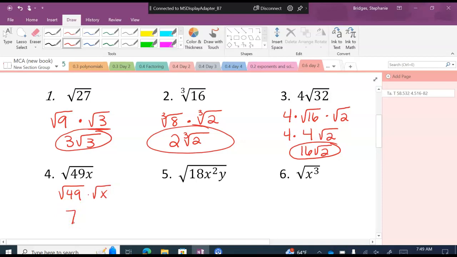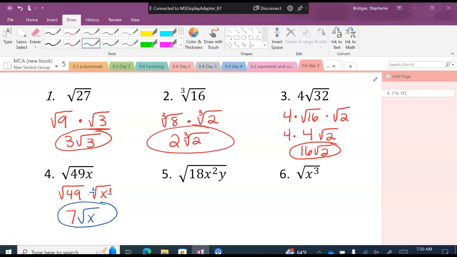And then as far as the variable goes, what's the exponent on the x right now? A 1. And what is my index that's not written? It's a 2, right? Does 2 fit into 1 evenly? It doesn't, does it? What that means is that x to the first does not have a perfect square in it, so it cannot be simplified, which means it's just going to be brought down right behind that 7 and left under the radical sign.